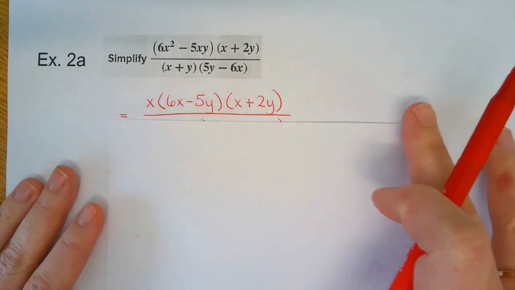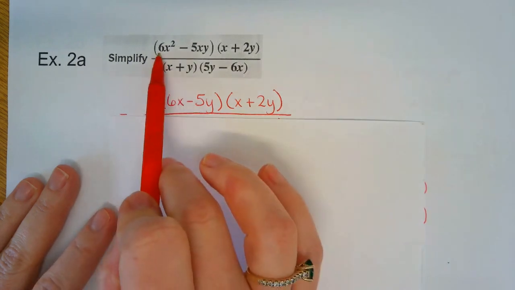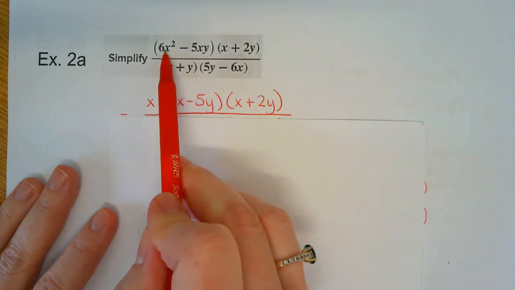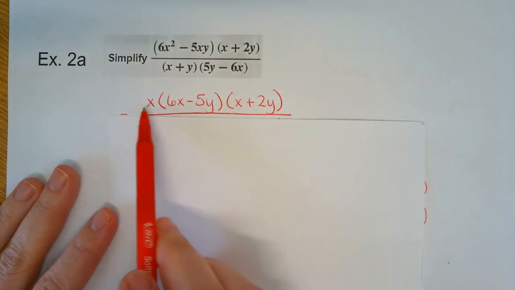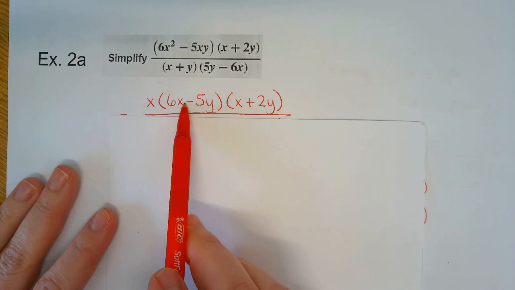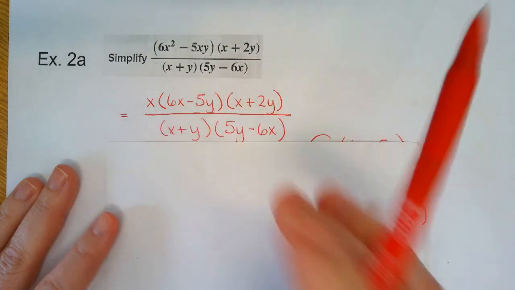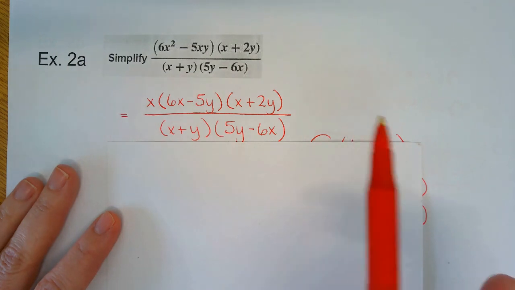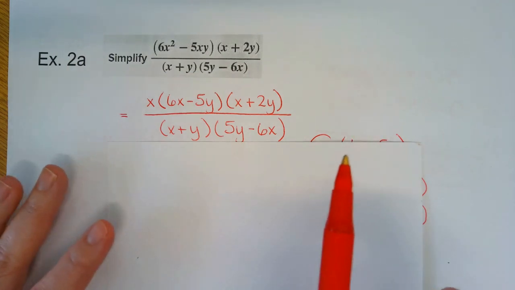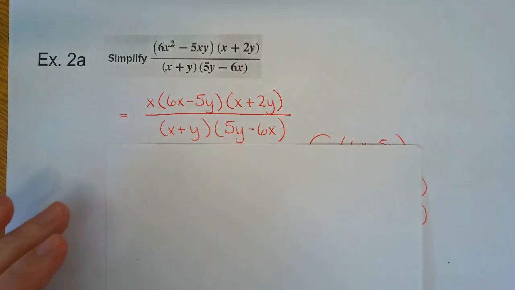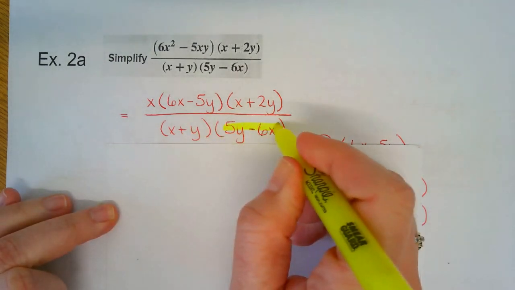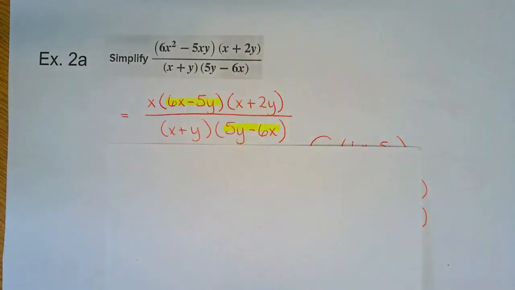So what I did was on this top part right here, I went ahead and took out an x from both of those. So I could see I had a greatest common factor, and that's how I rewrote it. On the bottom, I didn't really see anything that I could take out as a greatest common factor. The next thing is I kind of noticed that these two here look very similar.